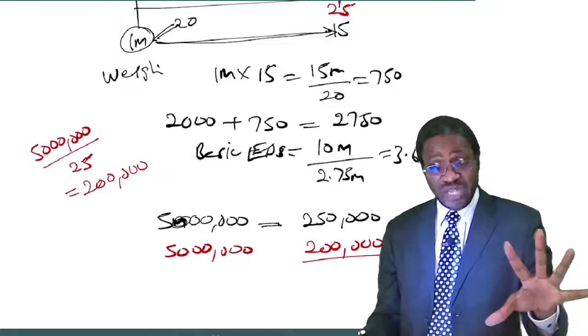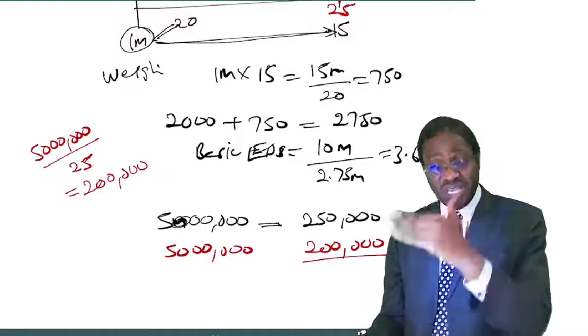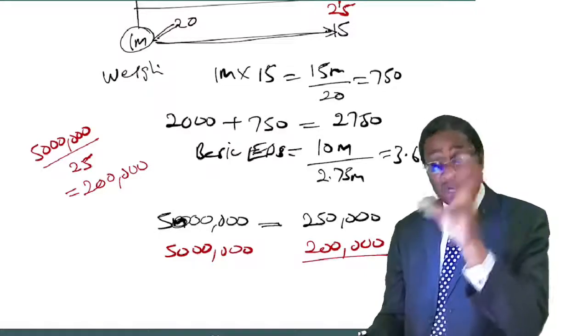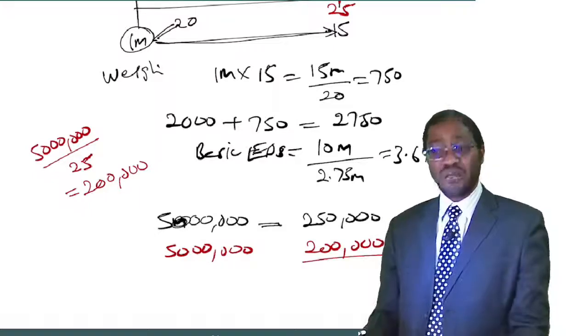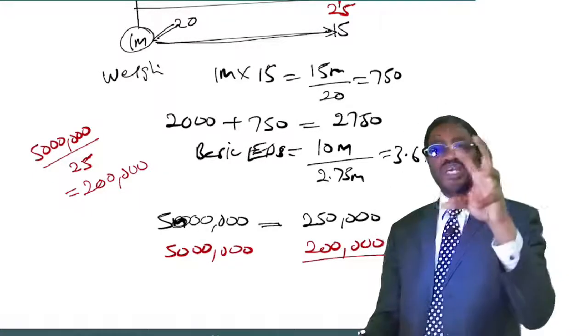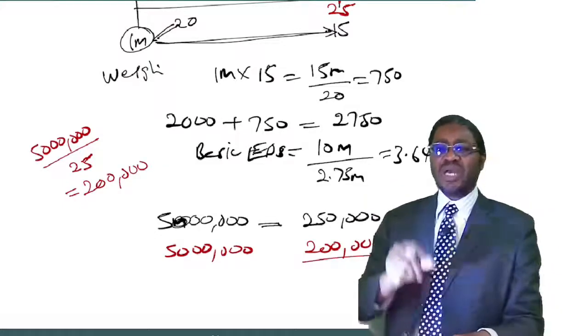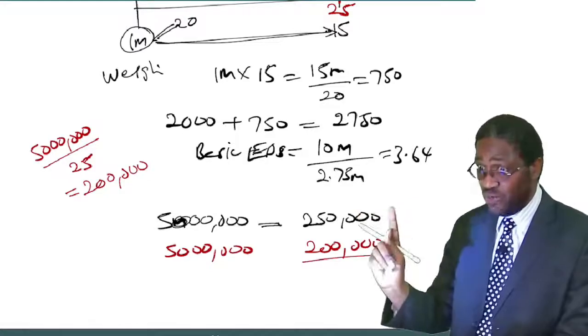Because we had agreed with them to buy the shares at 20, and we agreed they pay me 15, so far I have only issued to them 750,000 shares that are participating in dividend. I am now saying the moment they bring in the balance of the 5 million, me as a company, I'll give them the balance of their shares, which is how many? 250.